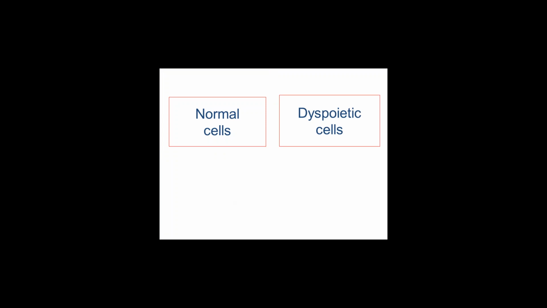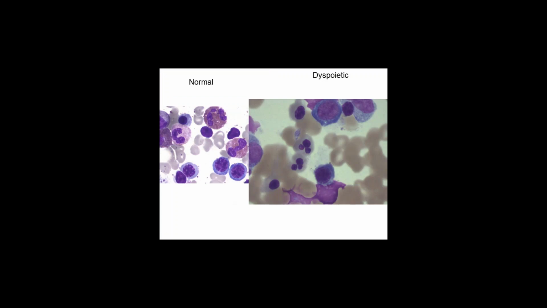Now looking at some of the dysplastic cells, this is a normal bone marrow showing normal erythroid cells, and on the right side we see the dysplastic cells. The dysplastic erythroid cells show nuclear budding and irregular nuclear contour, and these are features of dyserythropoiesis.